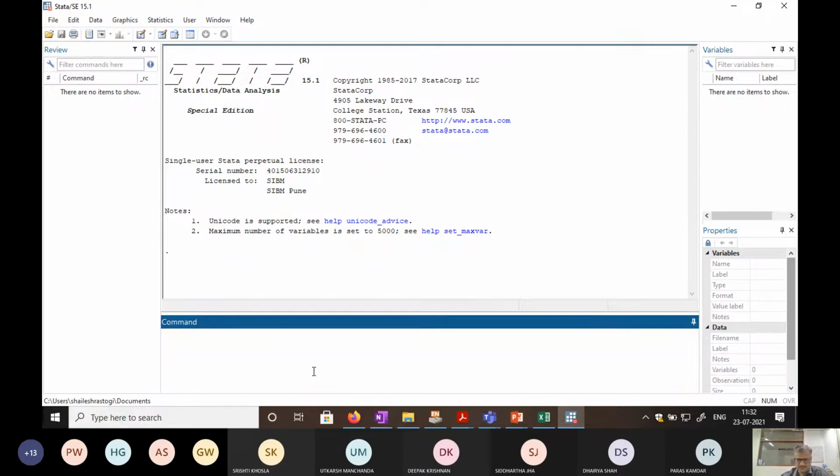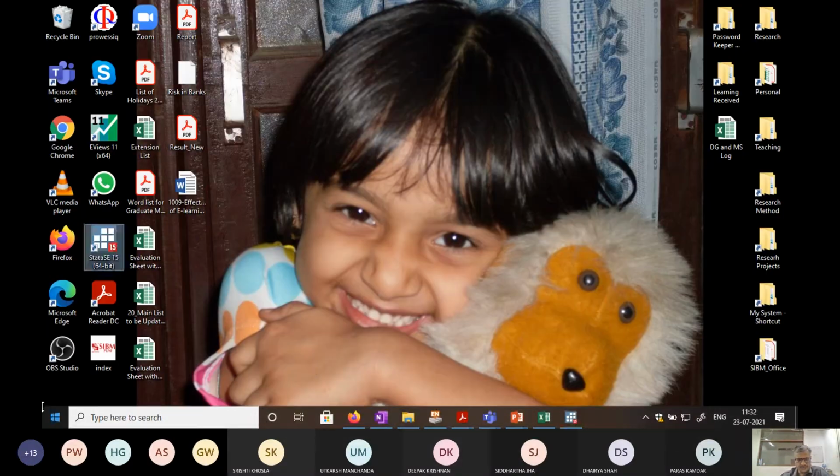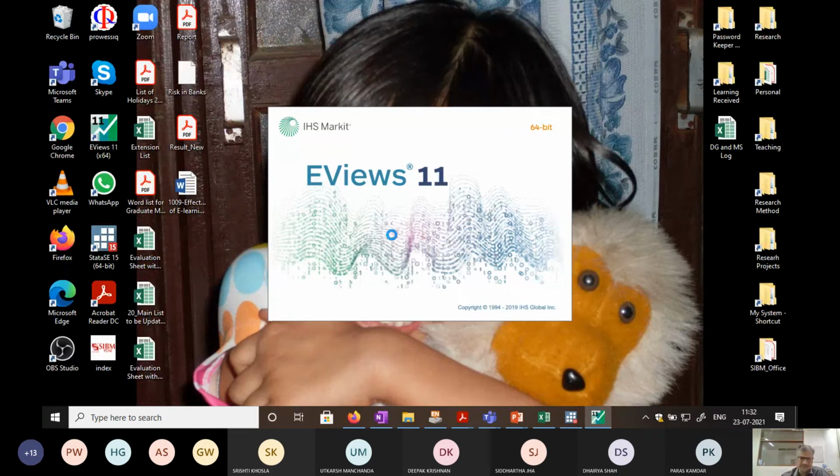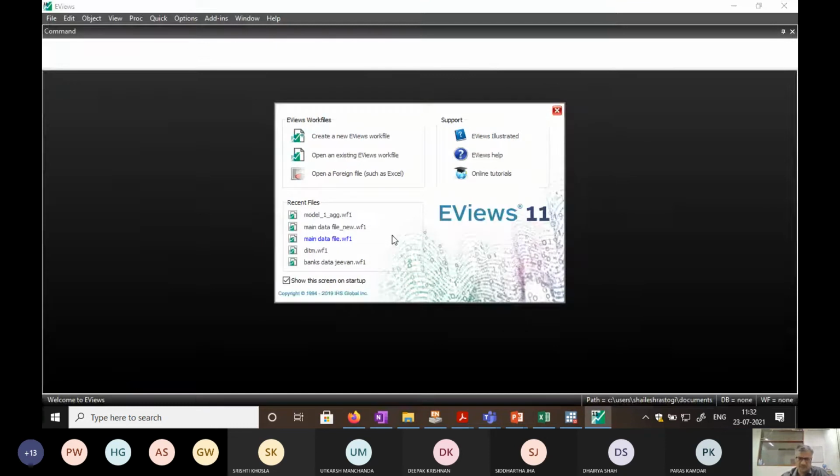The institution has a licensed version, I'm using that one. Okay. And we have EViews, as you were saying, my EViews is 11, again licensed. I don't know about yours. You have got the student version. Student version will have some limitation in terms of saving, keeping the record of work you have done, and some limitation in terms of size as well.